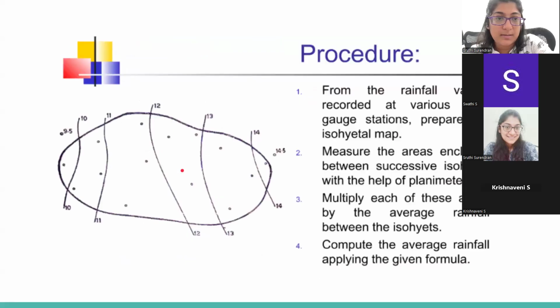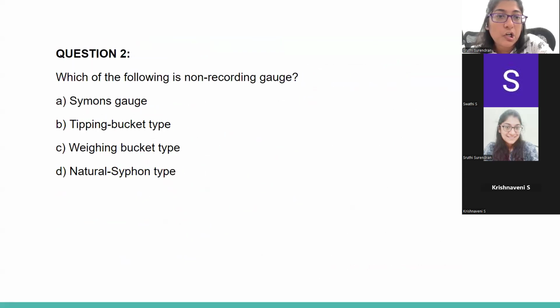Moving on to the next question. Which of the following is a non-recording gauge? You can put in your answers in the chat box, and then we'll discuss it.